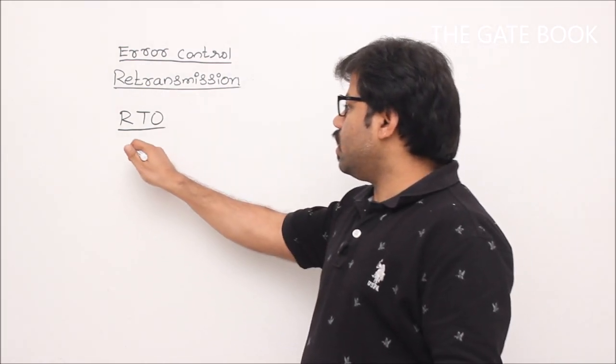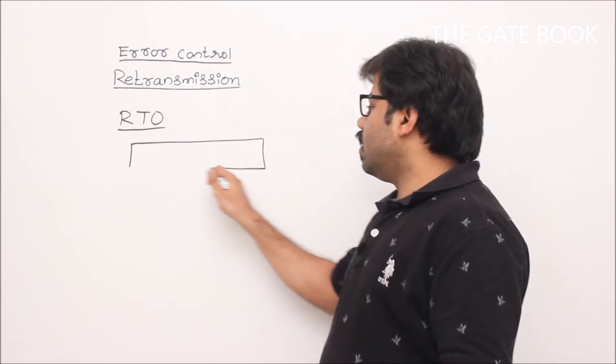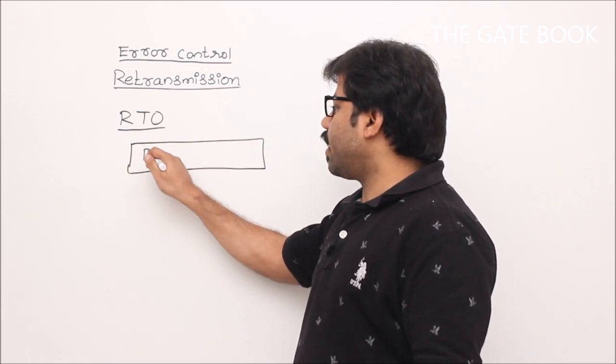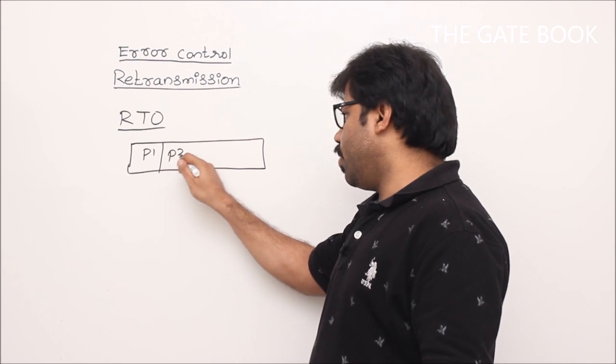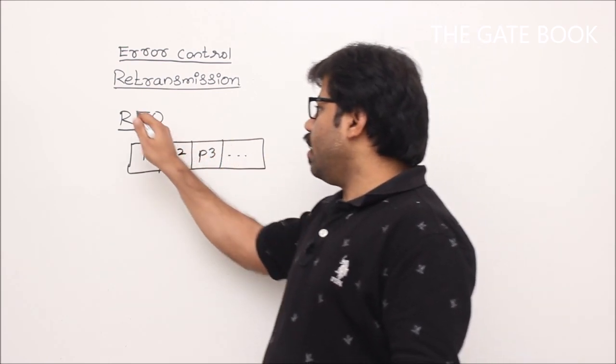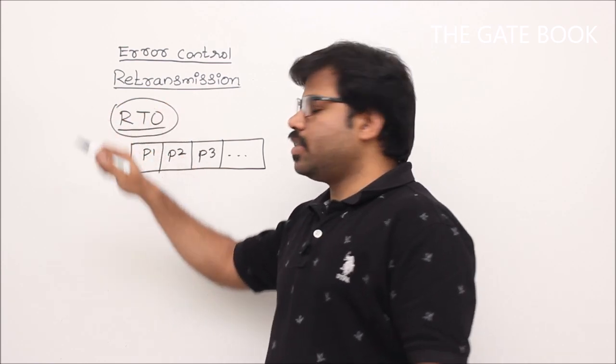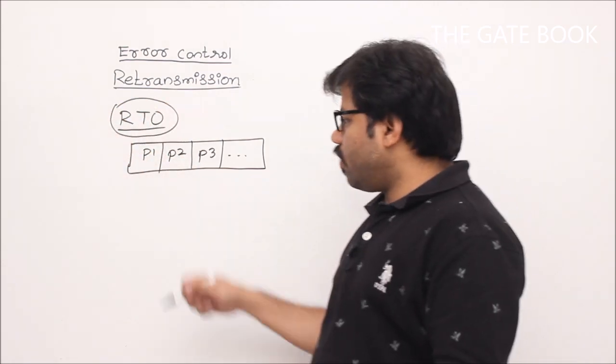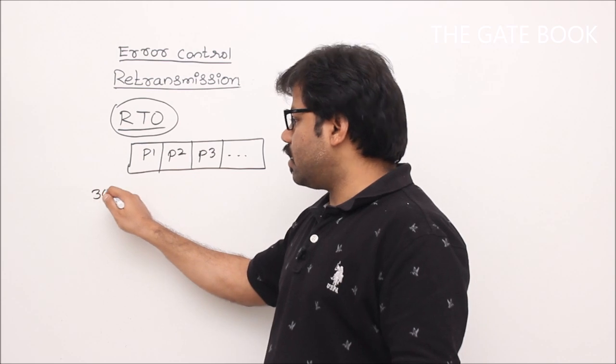It will have a queue. These are, let's say, the set of packets which are not yet acknowledged by your receiver, and there will be a timer called the retransmission timeout. That timer will be fixed to some value, let's say 30 seconds.